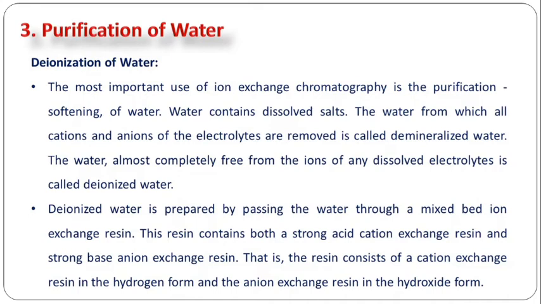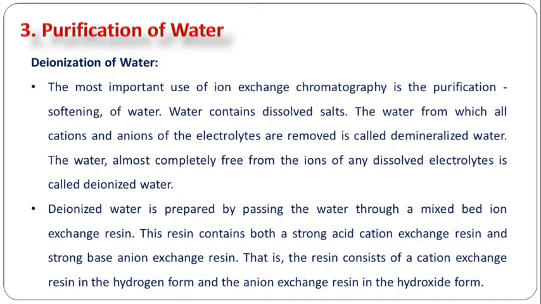So removal of cations and anions of the electrolyte from the water is called demineralization, while the water which is free from all these ions and dissolved electrolytes is called deionized water.